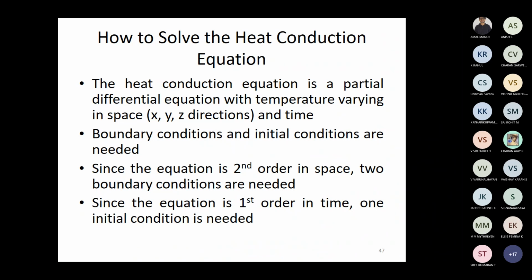If we take any random shape, mathematically it becomes extremely difficult. Even in fluid mechanics, we derived the continuity equation in Cartesian, cylindrical and spherical coordinates only, because these are the standard shapes. When the shape is not standard, like in most practical applications, then what to do? That's where the software comes into the picture.